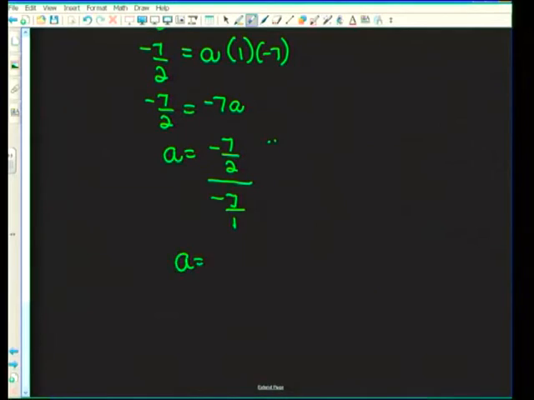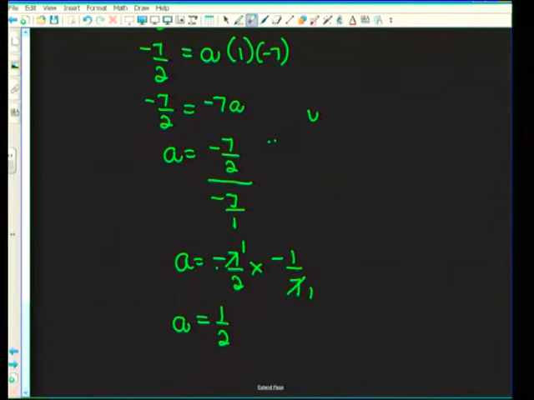So all you're going to do is take the bottom and you're dividing. So the rule is tip and times, or invert and multiply. So my a is equal to minus 7 over 2 times minus 1 over 7. The 7s divide into each other. A negative times a negative is a positive, and we're going to get that a is a half.